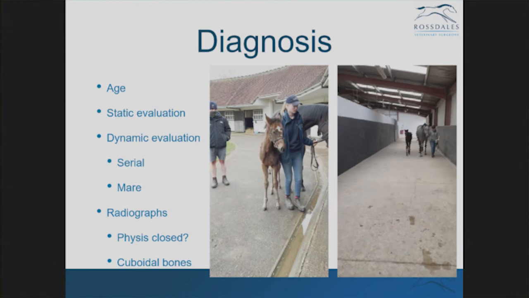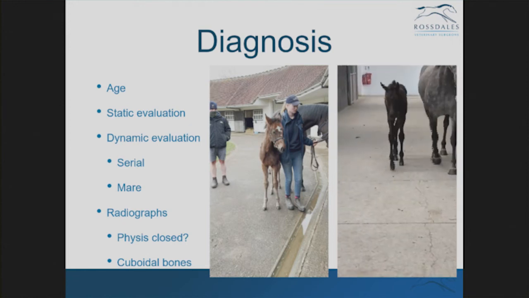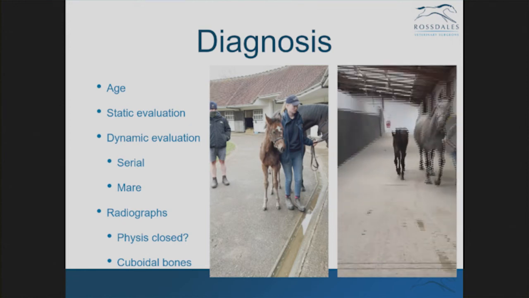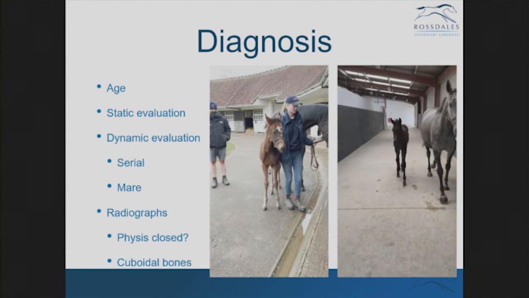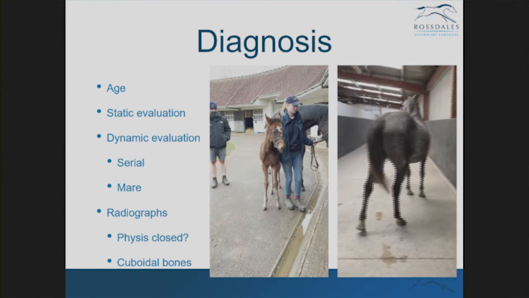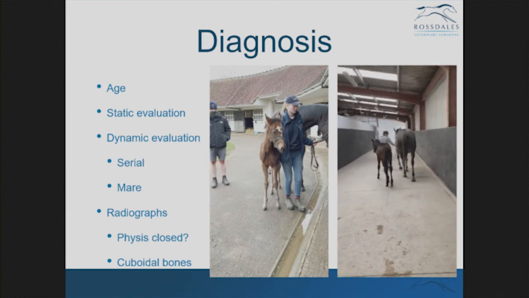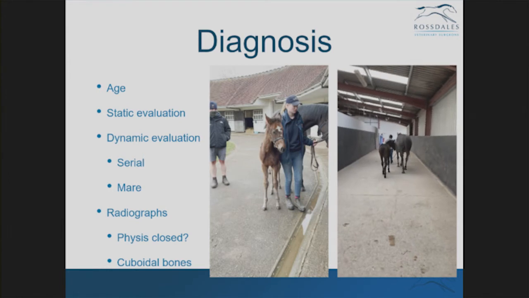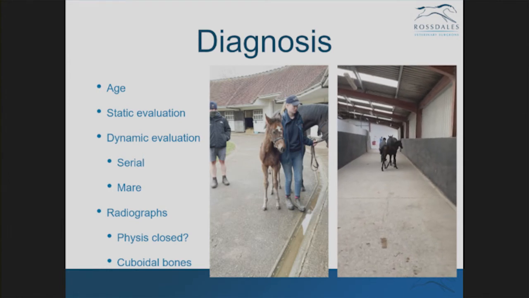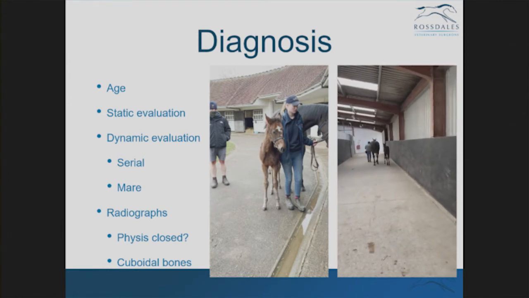This foal's walking towards you there, and I think it's decently obvious from the zoom in that there's a bit of a varus deviation of those fetlocks, and hopefully you can see in the side that the mare's got a pretty similar looking conformation. And I think radiographs sometimes are necessary with severe deviations, deformities, and also to evaluate the state of the growth plate.